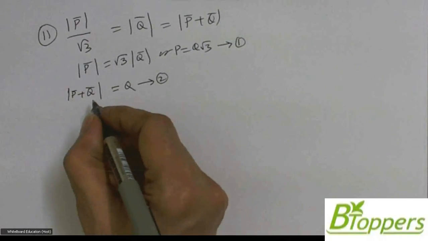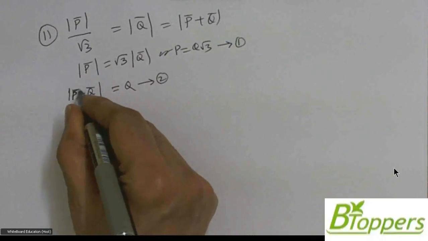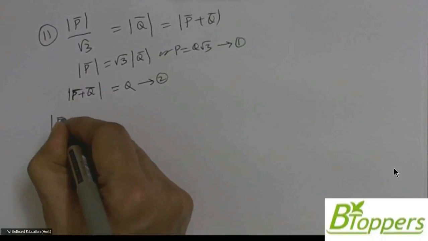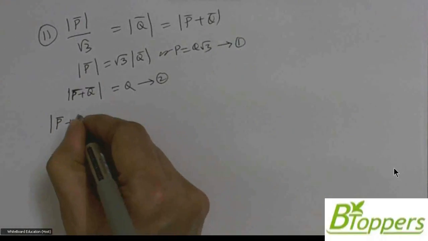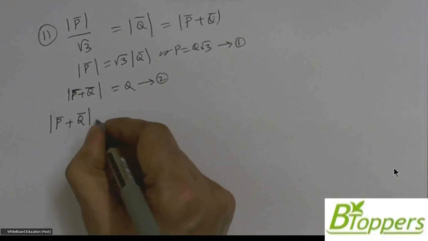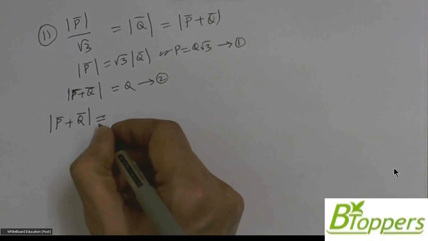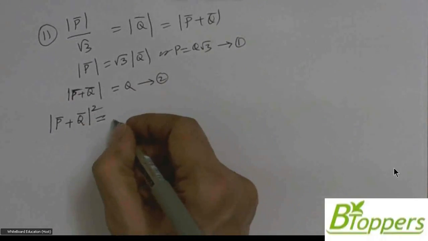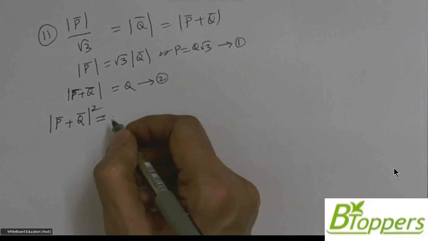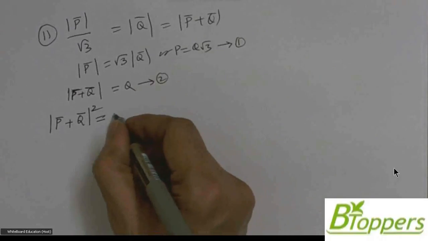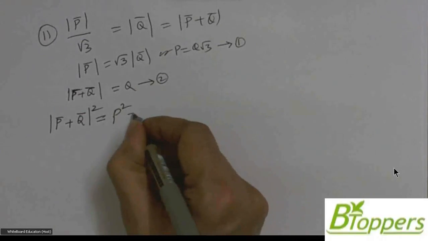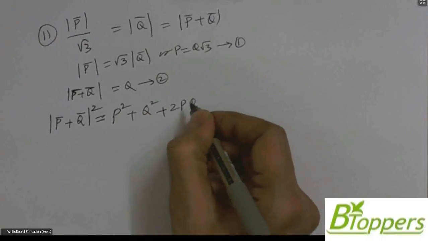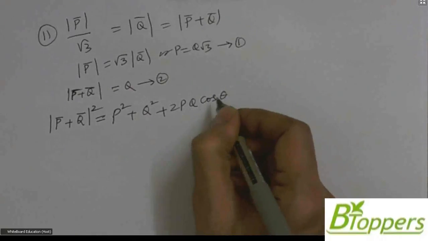So if theta is the angle between the vectors p bar and q bar, then we have the expression for the square of the magnitude of the resultant of p bar and q bar, because to find the value of cos theta, you have to square the equations on both sides, equal to p square plus q square plus 2pq cos theta.